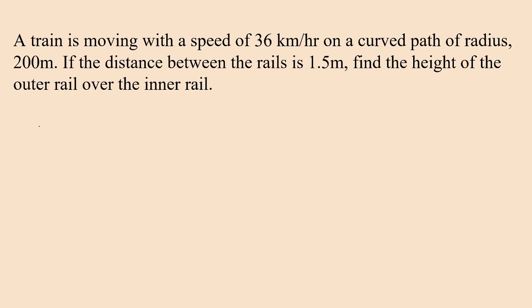Okay, so let us write the information given here. The radius of the circular path is equal to 200 meter, and the distance between the rails, that is d, is equal to 1.5 meter, and the speed of the train at the curved path is equal to 36 kilometer per hour.